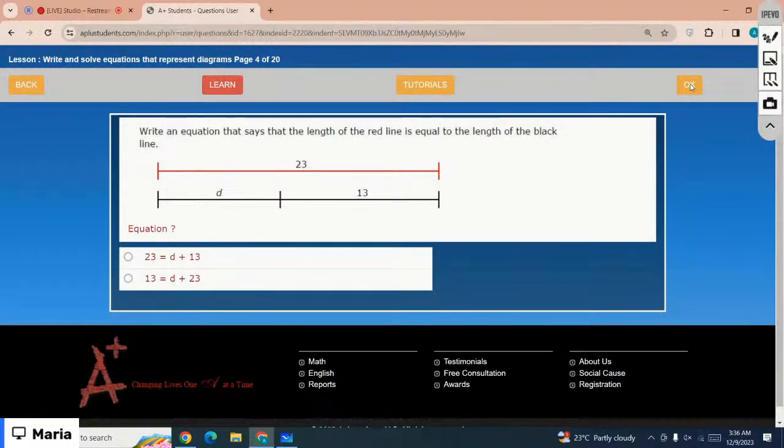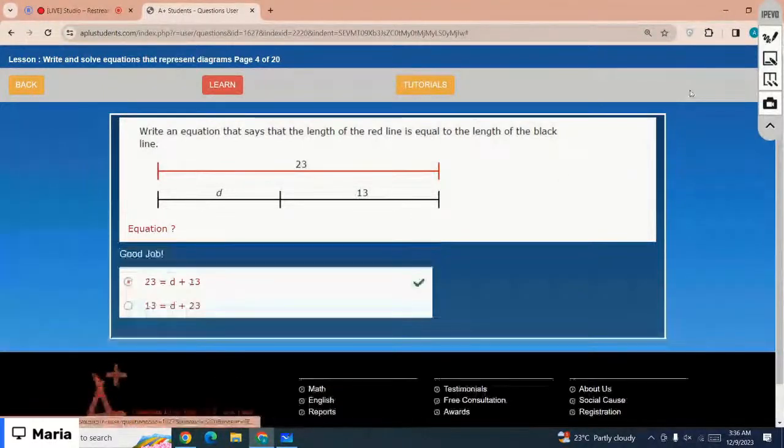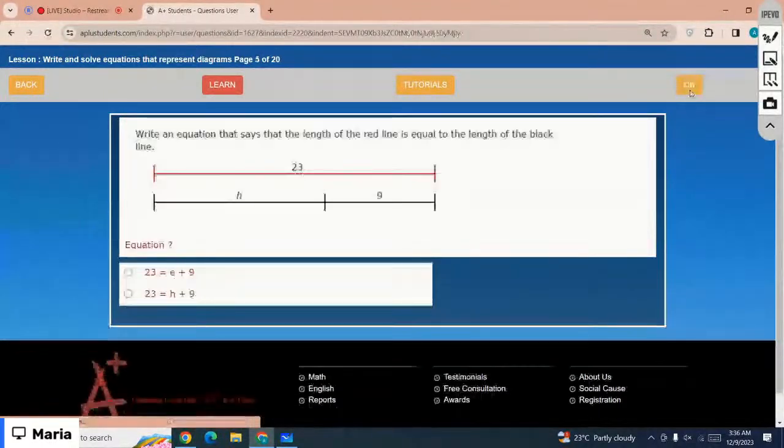Yes, that is 23 equals d plus 13. Option number 1 is the correct option. Write an equation that says the length of the red line is equal to the length of the black line. Which is the correct option?